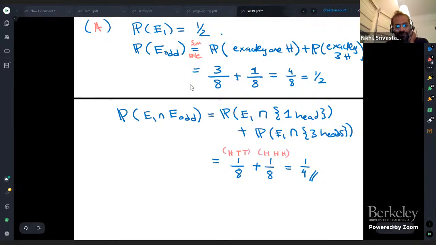And so the conclusion is that we have these numbers, and indeed, this satisfies the definition of independence, right? This equals the probability of E1 times the probability of E odd. So these events are independent.